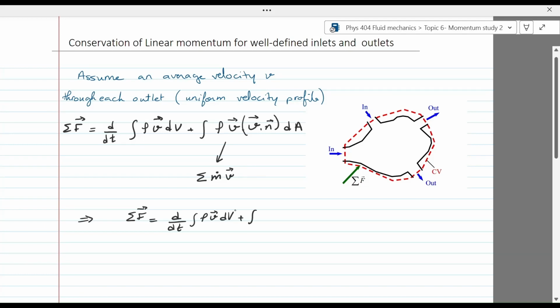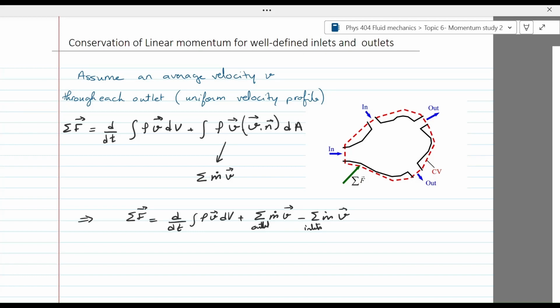As usual, the small v is considered the velocity, whereas I consider capital V to be the volume in these videos. So here I'm going to substitute the integral by the sum of m dot times V over each outlet minus the sum of m dot times V over the inlets. This is my new equation, and let's now consider the situation of the actual change in the velocity.